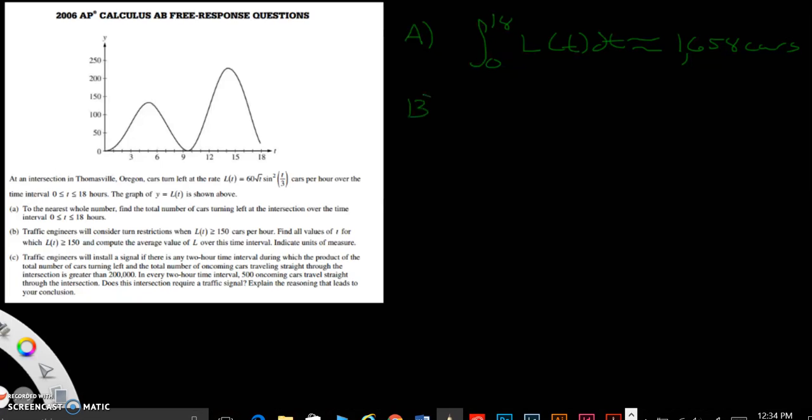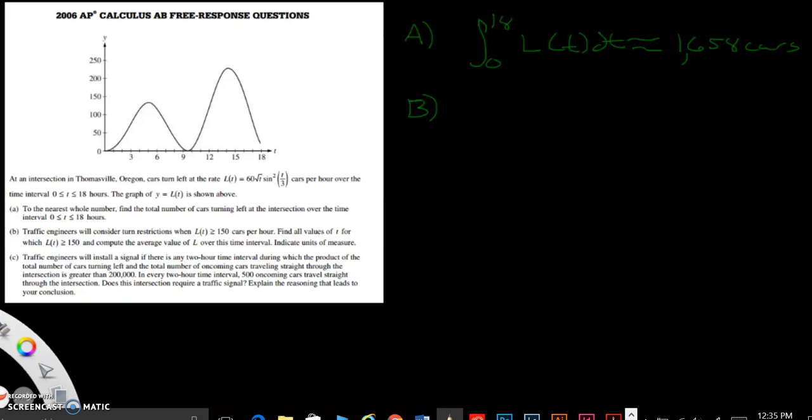Part B. Traffic engineers will consider turn restrictions where L of t is greater than or equal to 150 cars per hour. Find all values of t for which L of t is greater than or equal to 150, and compute the average value of L over this time interval. Indicate the units of measurement.